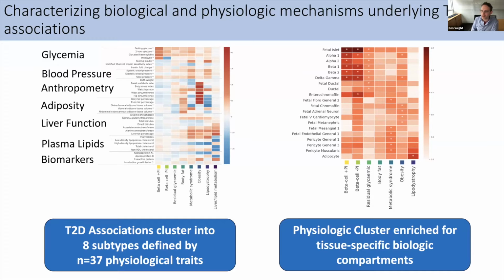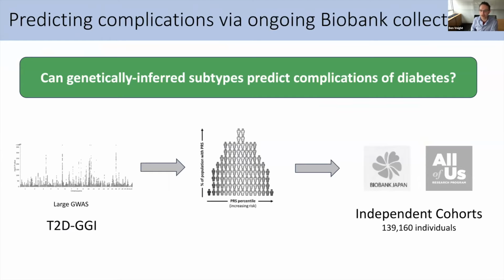So you might think, oh, that's interesting. Can you do something with it? One hypothesis we tried to test is whether those subtypes can predict different forms of complications for diabetes.